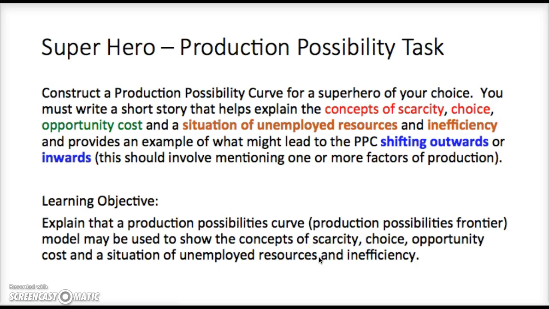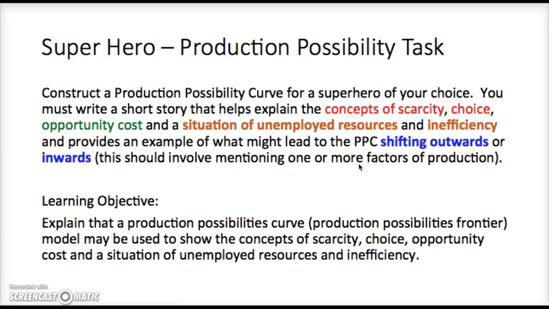In this task, you need to construct a production possibility curve for a superhero of your choice. You must write a short story that helps explain the concepts of scarcity, choice, opportunity cost, and a situation of unemployed resources and inefficiency, and provides an example of what might lead to the production possibility curve shifting outwards or inwards. You should mention one of the factors of production.